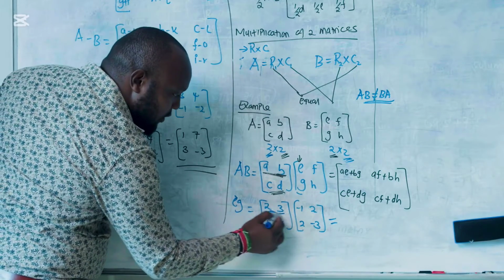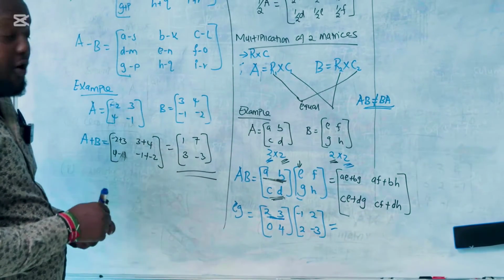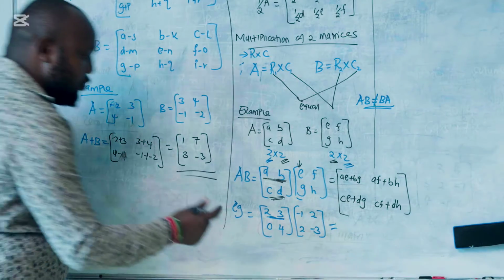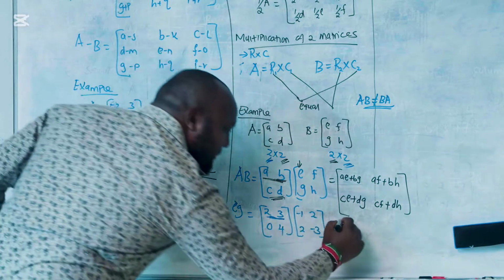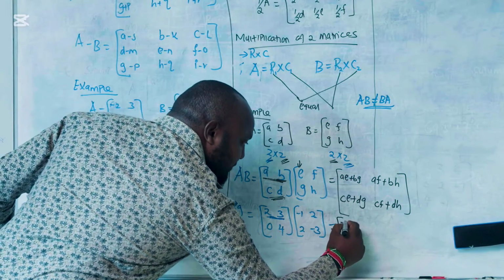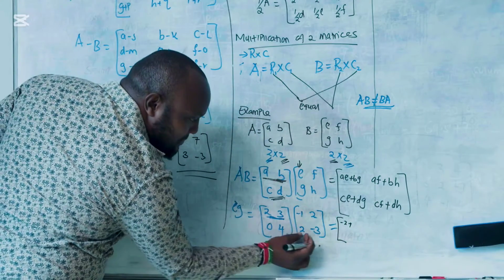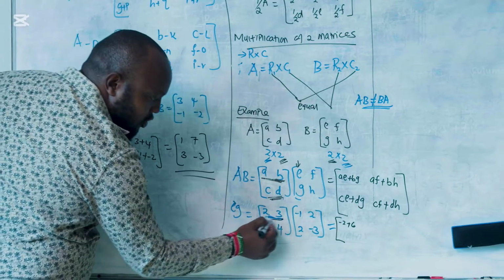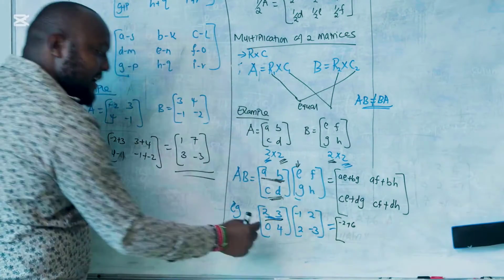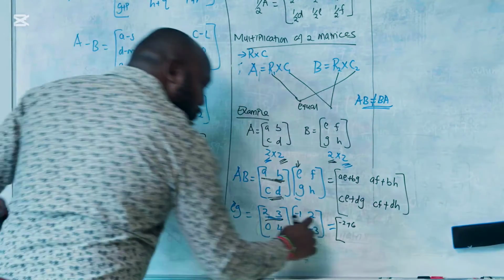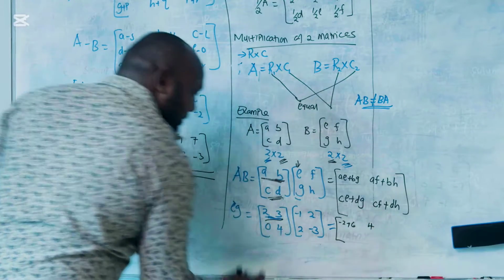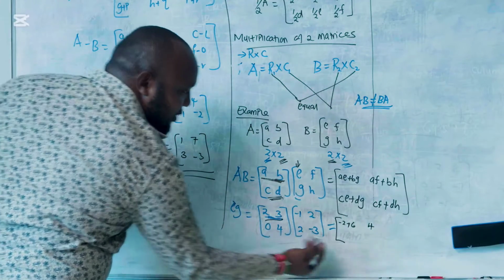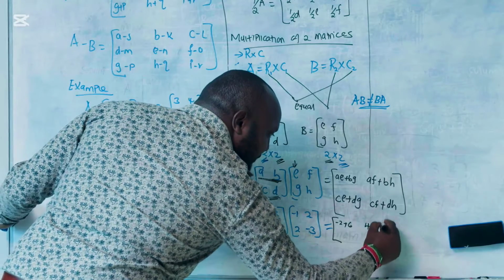We are starting with the first row, but row must multiply column. So it will be 2 times negative 1. You will have negative 2 plus 3 must multiply the second one, which will be 3 times 2, giving 6. Row, first column, you get one value. Now the same row, second column. 2 times 2, you will get 4. Then the second one must multiply the second one, you get minus 9.